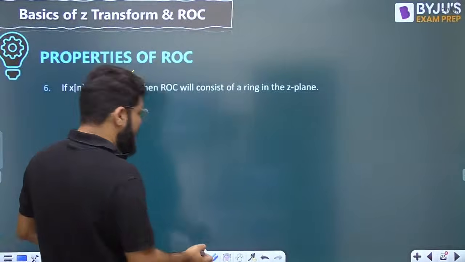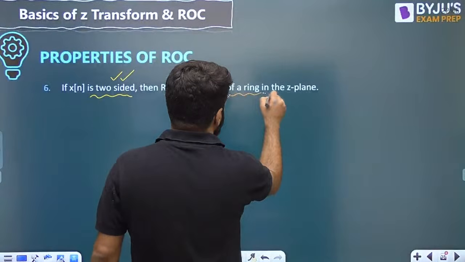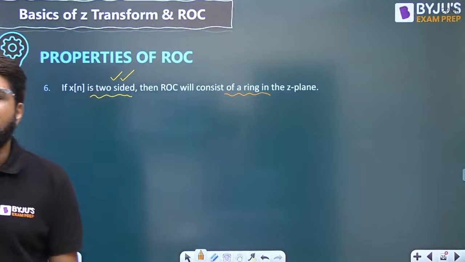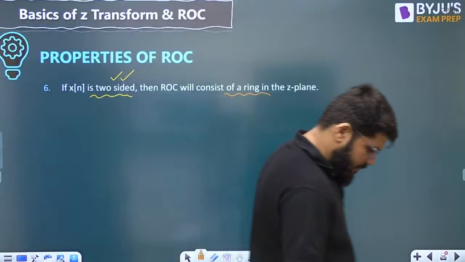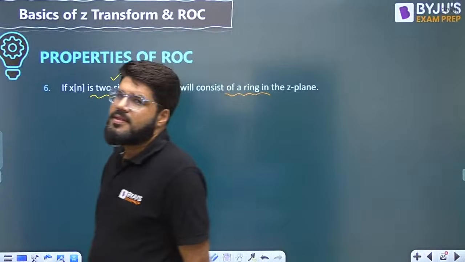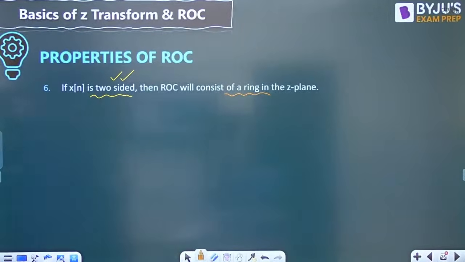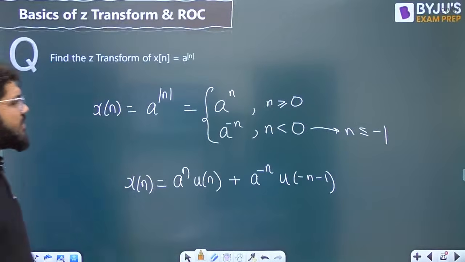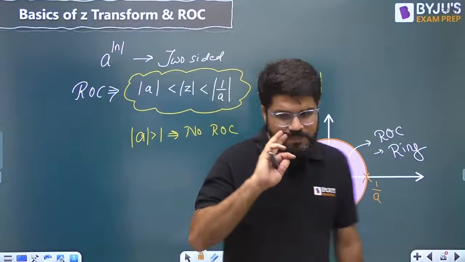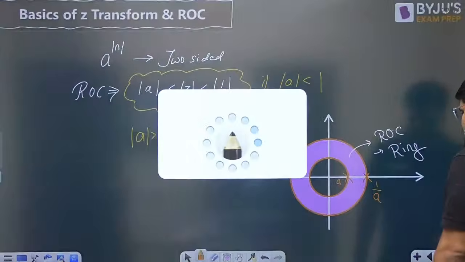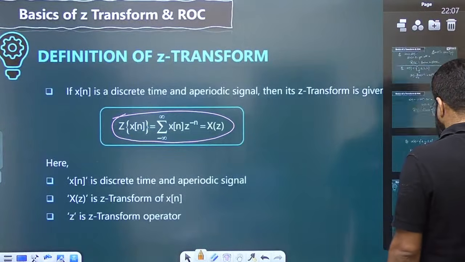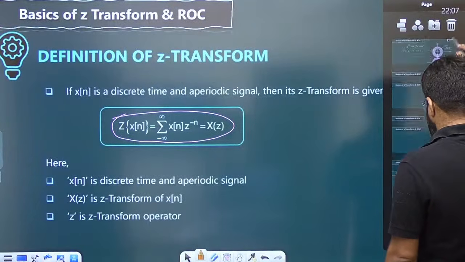If the signal is two-sided, then the ROC will consist of a ring in the Z plane. Something like this, it's a ring in the Z plane.